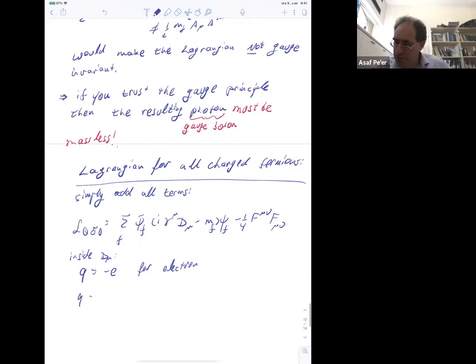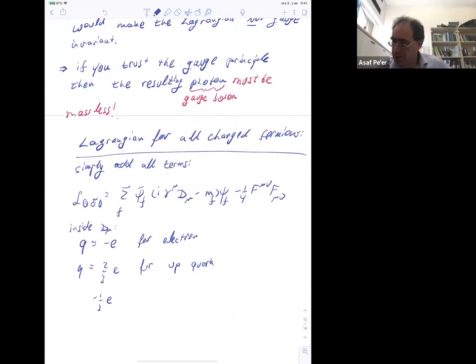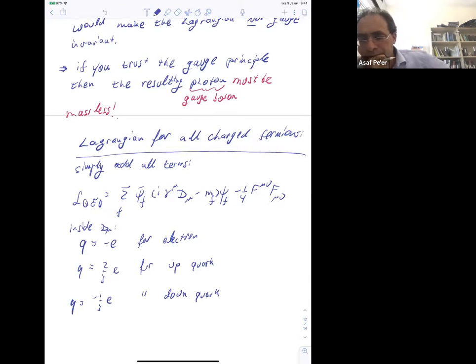This q is 2/3 e for the up quark, minus 1/3 e for the down quark, etc. Just have to be careful in what you put in. Questions?